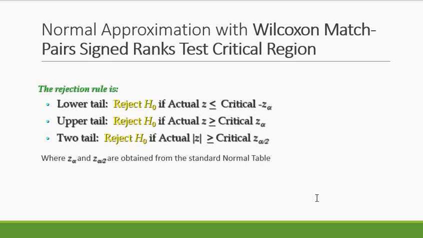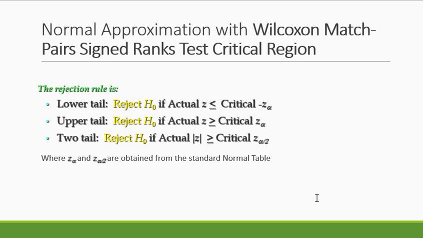The critical regions are: for lower tail, reject H naught if the calculated Z is less than or equal to critical minus Z alpha. For upper tail, reject H naught if the calculated Z is greater than or equal to critical Z alpha. And for the two tail test, we take the calculated absolute value of Z greater than Z alpha by 2.